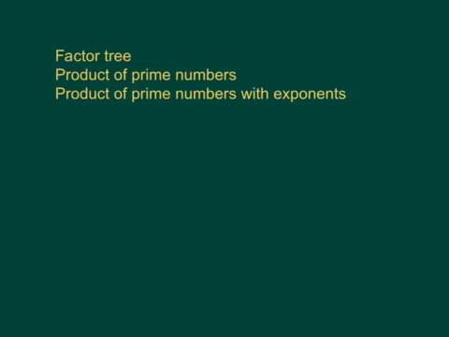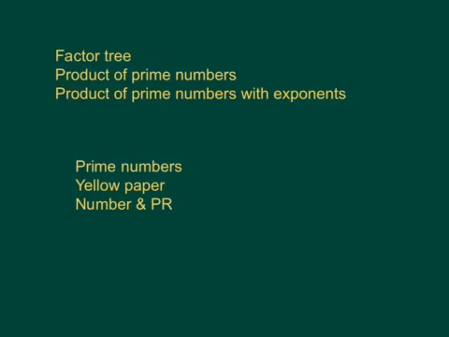If it is a prime number, though, for numbers that are prime, the prime numbers are done on a yellow sheet, and all it has on there is the number, and then underneath it you write prime.